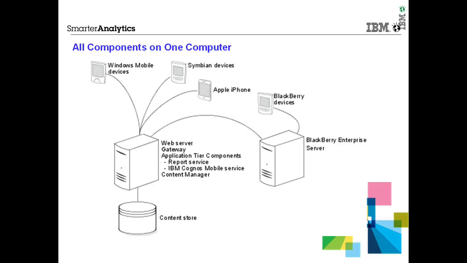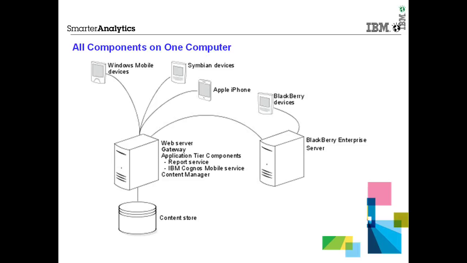The BlackBerry Enterprise server acts as a mediator. It takes care of the translation and communication with the mobile device. So whatever information is there flows from the Cognos BI server to the BlackBerry server, which in turn communicates with the BlackBerry device.